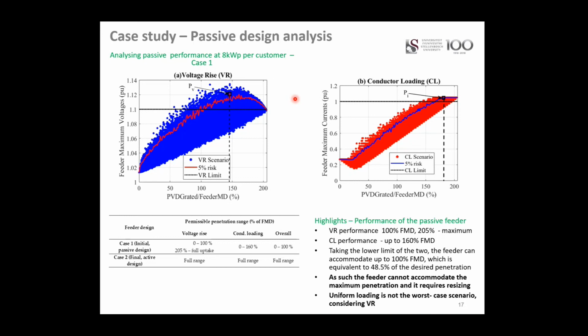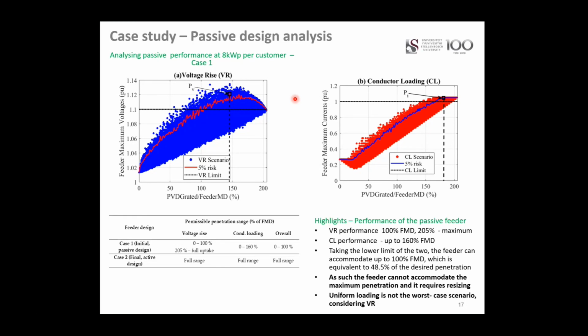And as you run your studies with many loading points, you find that you've got a certain probability of hitting that 7 MVA capacity, and that's where you draw your hosting capacity, right?